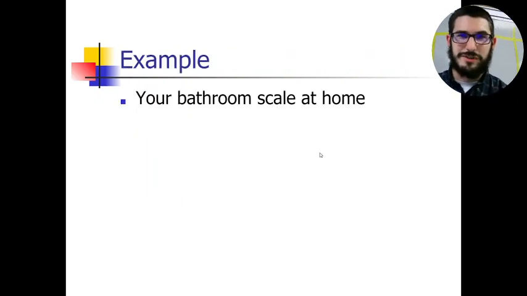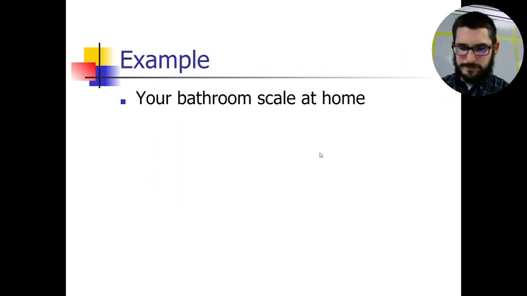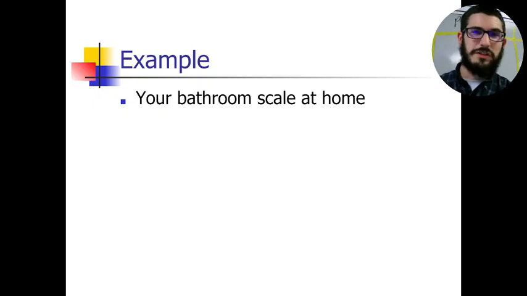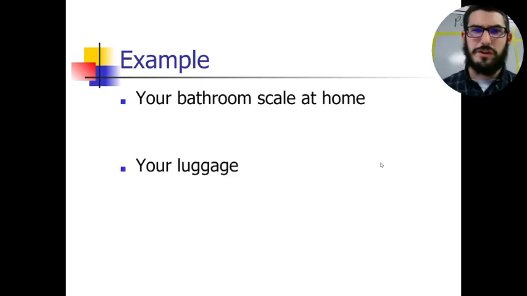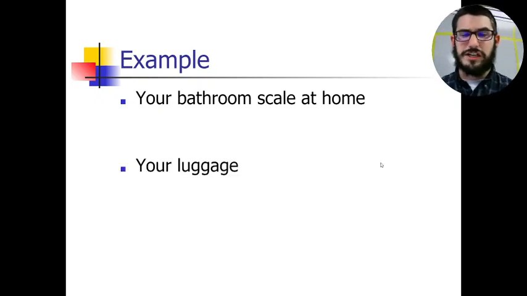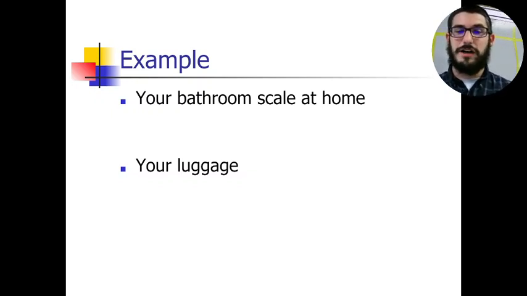So let's look at some examples. If you are looking at your bathroom scale, then we kind of want those to be pretty consistent and accurate. So we would like some precision and accuracy with those. But if you were talking to an airline about the luggage that you bring onto the airline, they are very, very particular about how much baggage they can carry, because they are limited on how much weight they can carry on those planes.